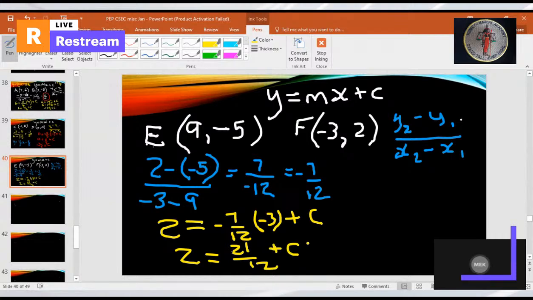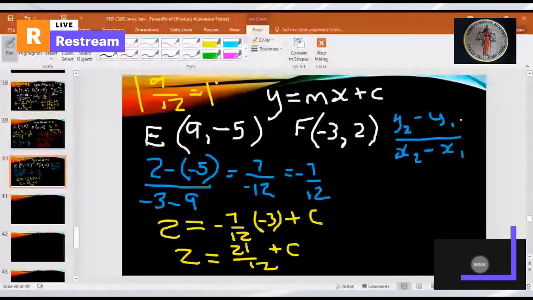21/12 is 1 and 9/12. So 12 into 21 goes 1 time, remainder 9/12, and the 9/12 is 3/4. So that's 1 3/4.